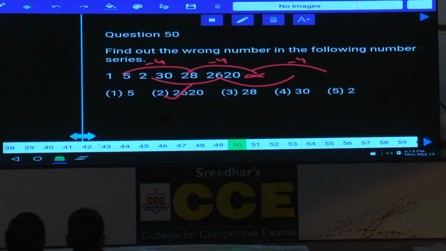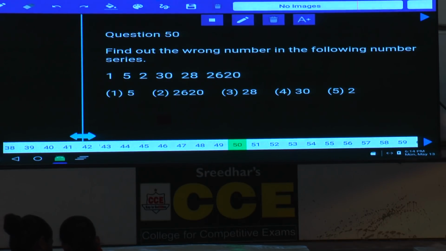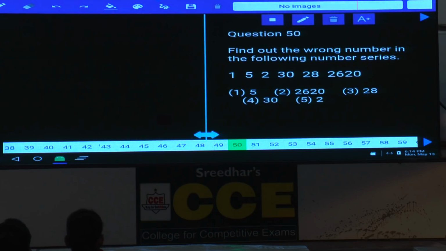Then next one, question number 50: 1, 5, 2, 30. The numbers are increasing at a very fast rate, hence it must be under product. Now 1, 5, 5 and 2, 5, 2, 30. Now 1 and 5, how can I express this one, 1 and 5? Now the numbers are increasing and decreasing here.